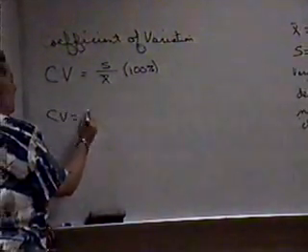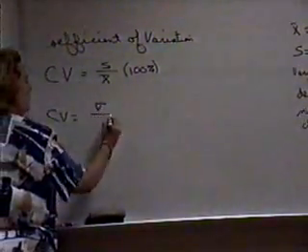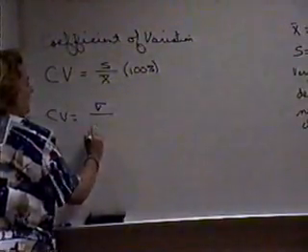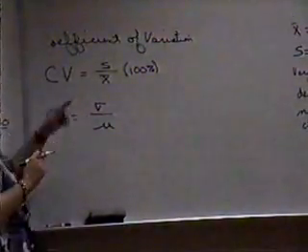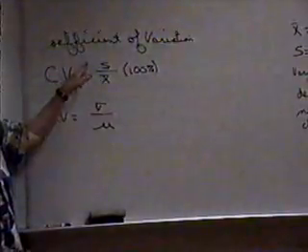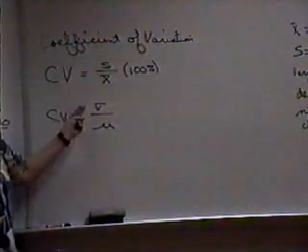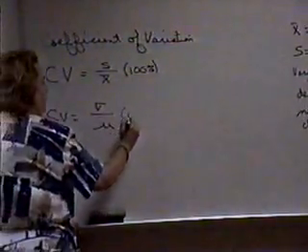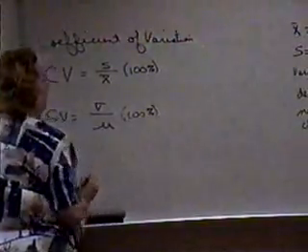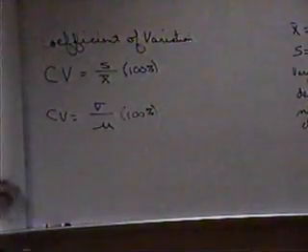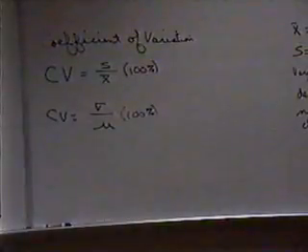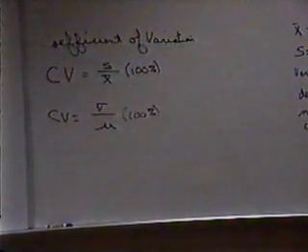If it is a population, it's the standard deviation divided by the mean. It's the same formula, it's just labeled different. This is standard deviation of a sample, standard deviation of a population. And coefficient of variation makes it easier to see if you have a large variation or not.